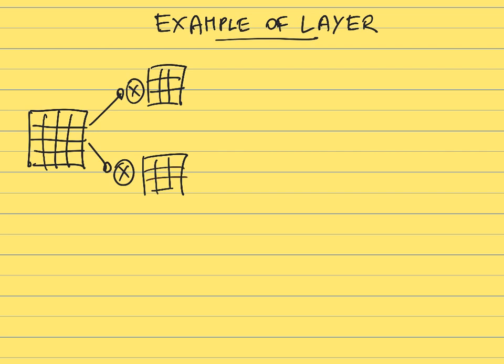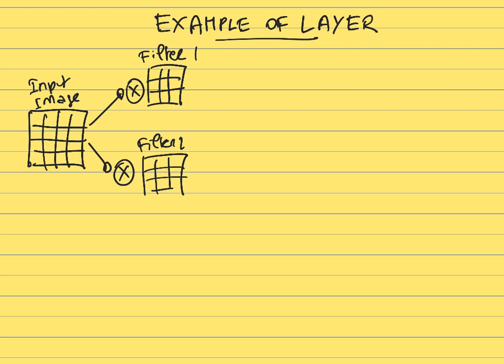This is filter 1, and you will have filter 2, and those two are in the same layer. This is your input image. The role of those two filters will be to detect the vertical edges and the horizontal edges as a simple case.